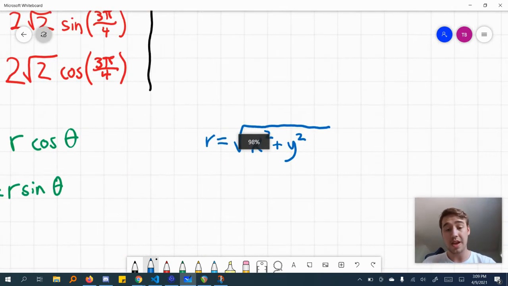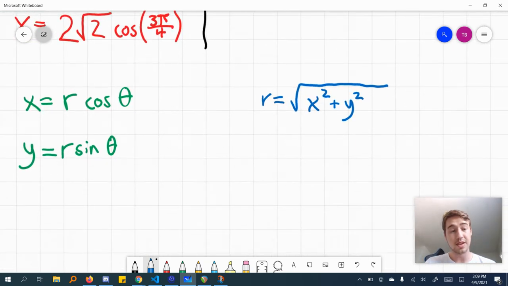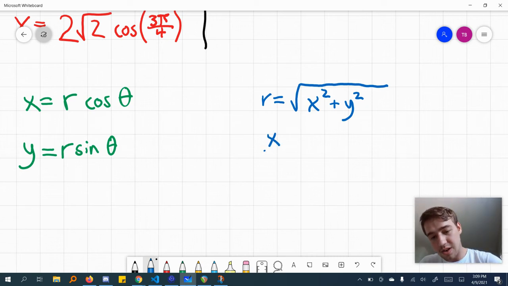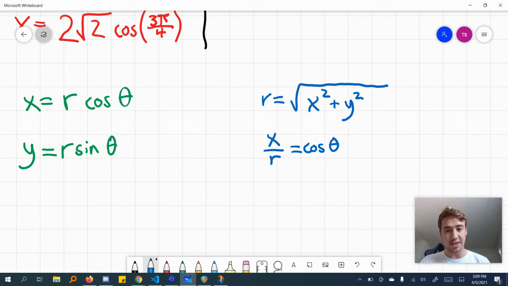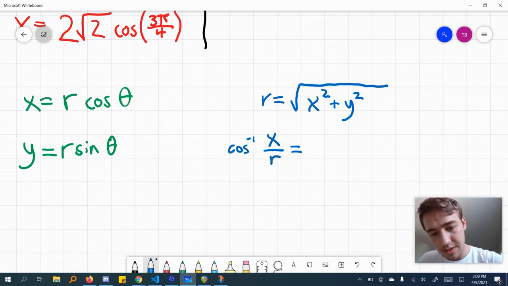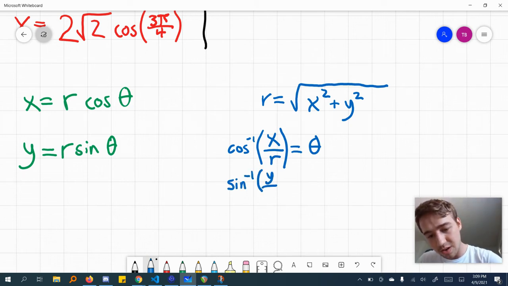So now we want to find theta. x over r is going to be cosine of theta. And that means if you take the inverse cosine of both sides, you'll get theta. And if you take the inverse sine of y over r, you get theta.